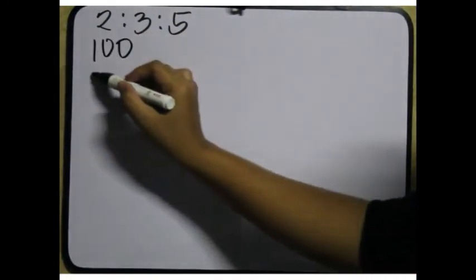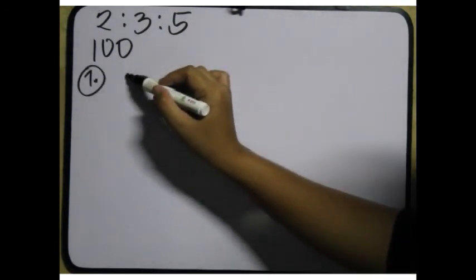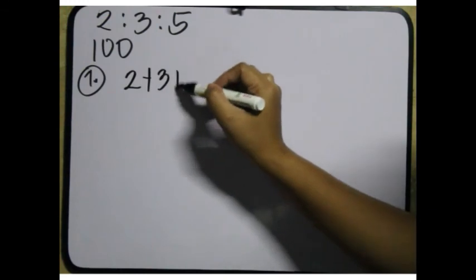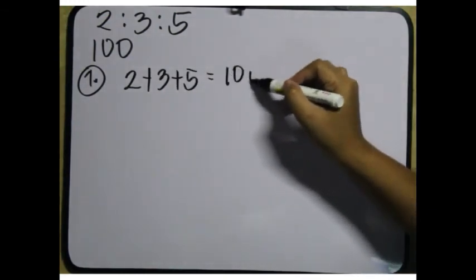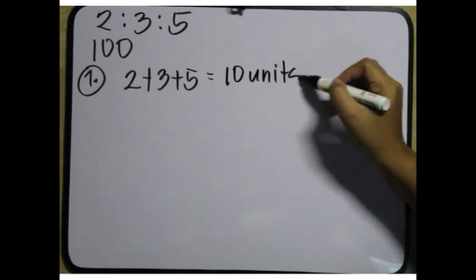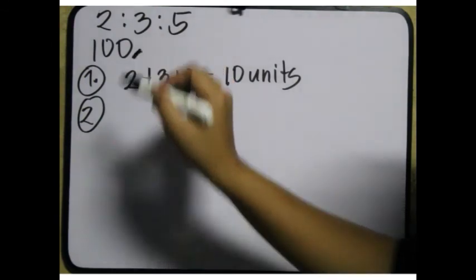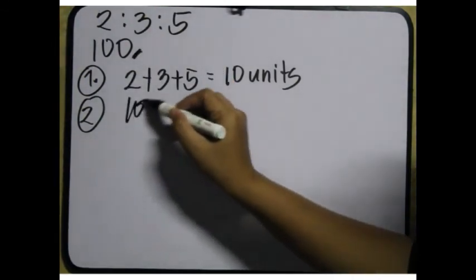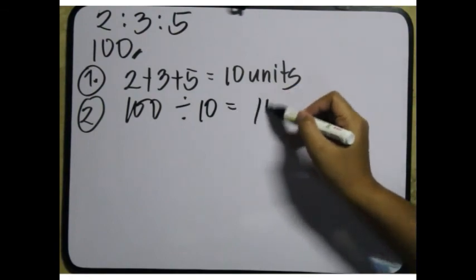Okay, so the first step is we need to add all the units. So we have 2 plus 3 plus 5, and that will be equivalent to 10 units. Okay, divide the given whole, which is 100. 100 divided by 10 is equal to 10.